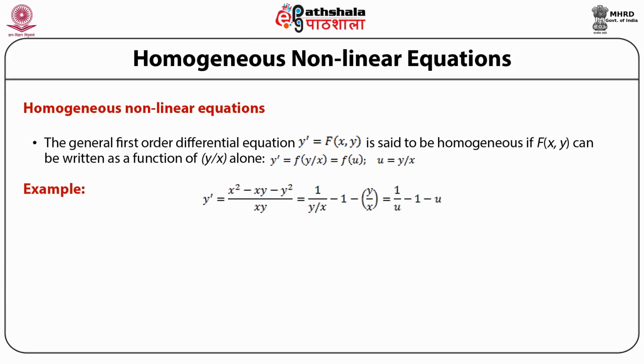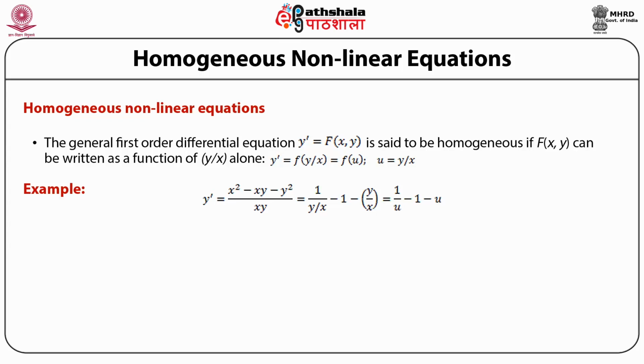For example, the equation y prime is equal to x square minus xy minus y square by xy is equal to 1 divided by y by x minus 1 minus y by x is equal to 1 by u minus 1 minus u, where y by x is substituted by u.